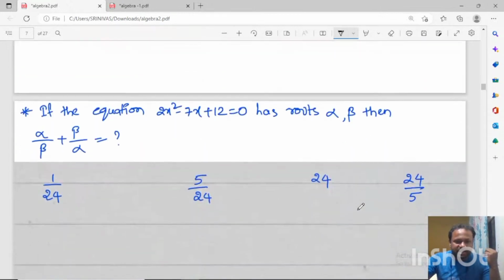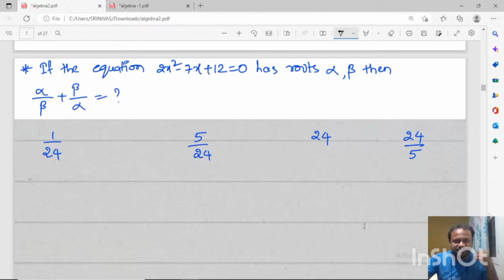Next, let me check this one. See this question. A little bit interesting question. The equation 2x square minus 7x plus 12 is equal to 0 has roots alpha comma beta.